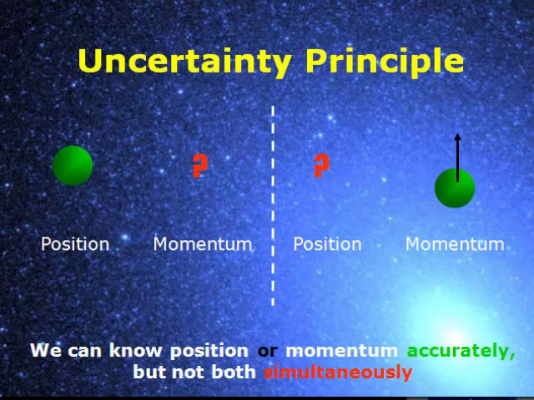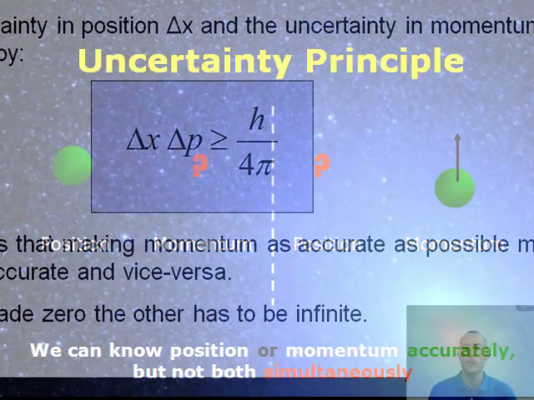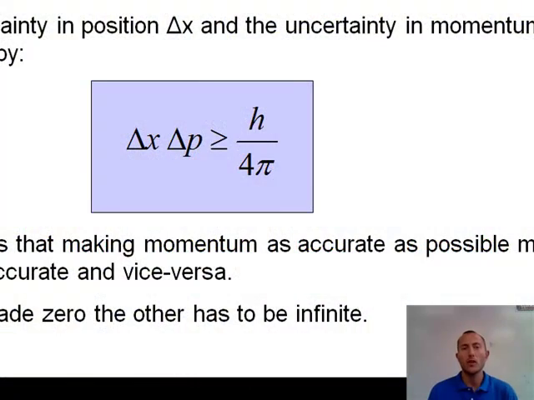The more accurately we measure the position, the less accurate our momentum measurements become. And so if we take this to the extreme, that means that if the uncertainty in one of the measurements, say the position, is 0, then the uncertainty in the other one has to be infinite.